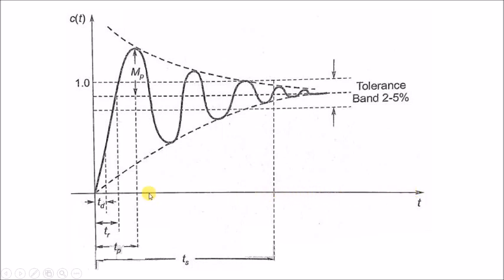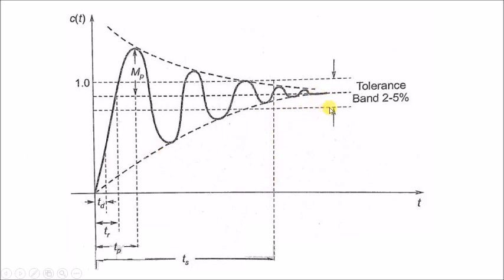Previously the system varied around this line, but at time t equal to 0, suddenly a step input happened and the system rises from 0 to a maximum value. Then it oscillates between these two lines and reaches a constant value. So the previous stage and the later stage change.